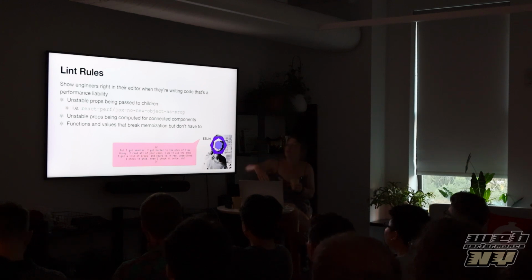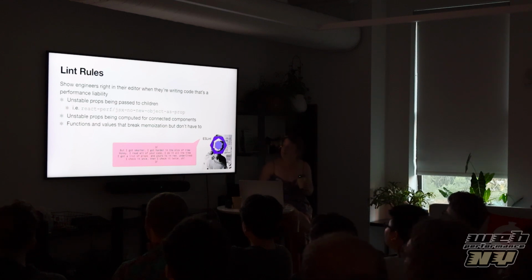So there were some lint rules that we could just drop in via a library. The React perf ESLint library is one of those things. And we also wrote our own lint rules. Like, we were able to detect when there was going to be an unstable prop that was computed for a connected component, or a function or value that's going to break memoization, but it didn't have to.